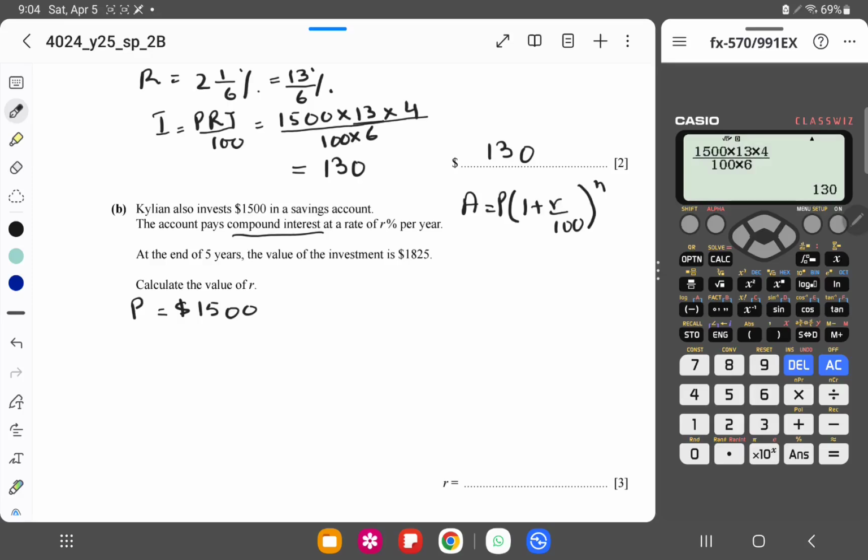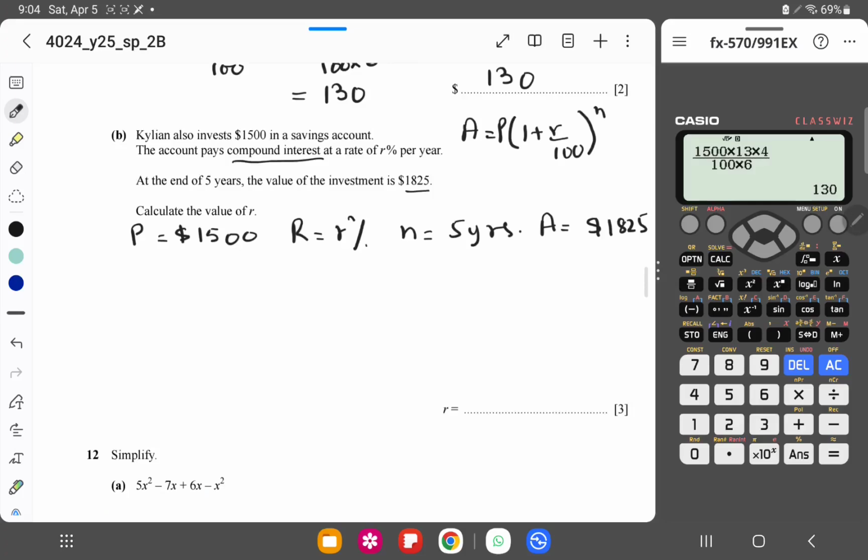R is the rate, R percent, and the time is 5 years. The value of the investment is 1825. That means the amount, not the principal, is 1825. After this time the amount becomes 1825, which is more than $1,500. If we subtract, we get the interest, but there is no need, so we are not subtracting it.